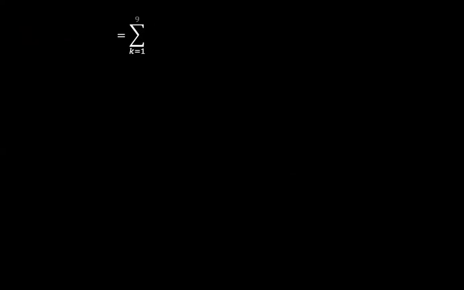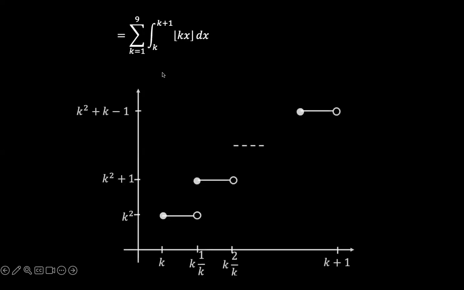So let's try to see what this integral looks like. We do have the interval k to k plus 1. And at k, we have the value being k times k, which is k squared, right?